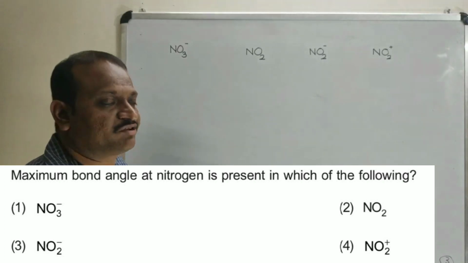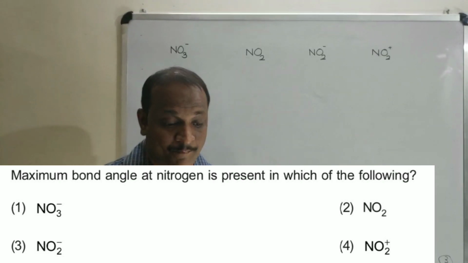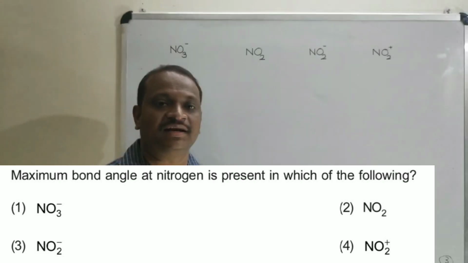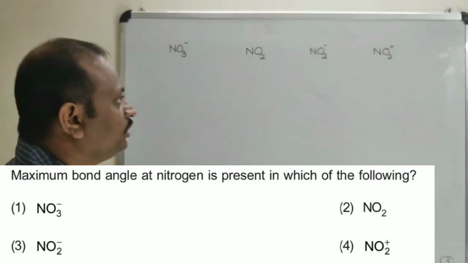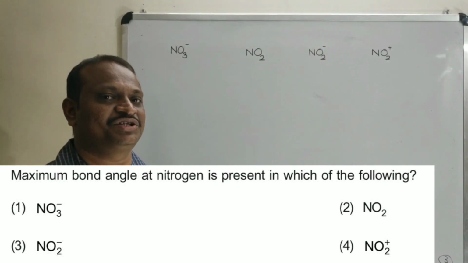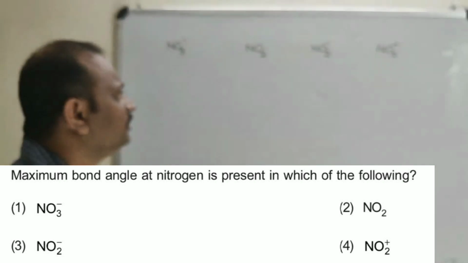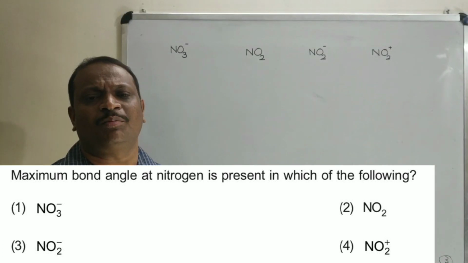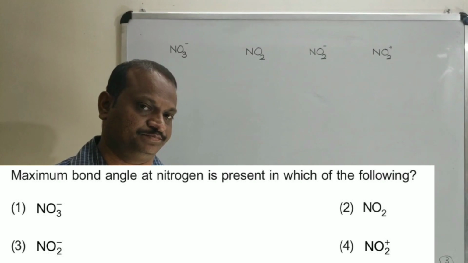Here they have given all these species and are asking for the maximum bond angle in which case. In order to say about maximum bond angle, first we need to see whether the geometries are the same or different. By seeing itself, we can see that the geometries are not the same. Anyway, let's look at the hybridization.